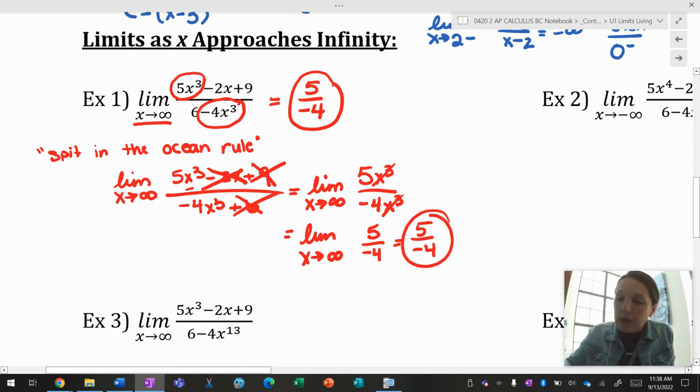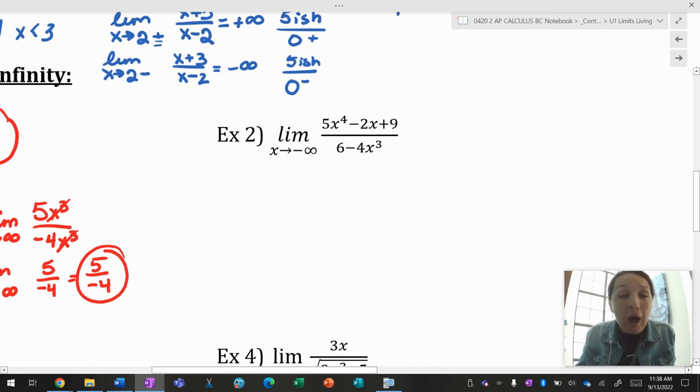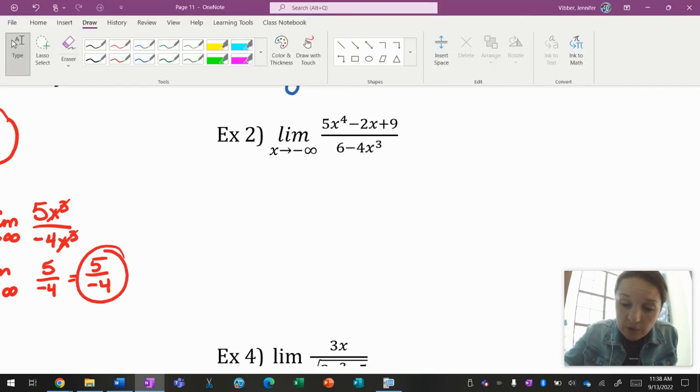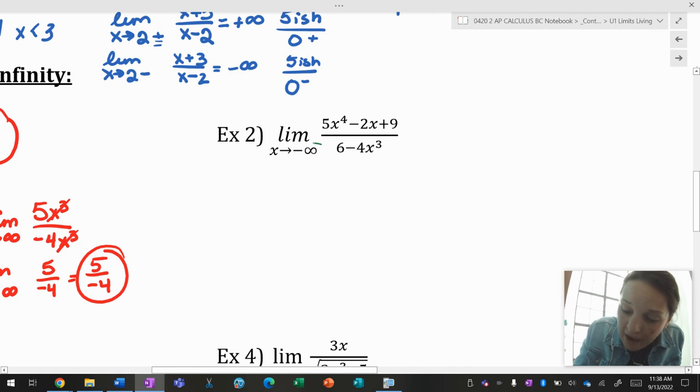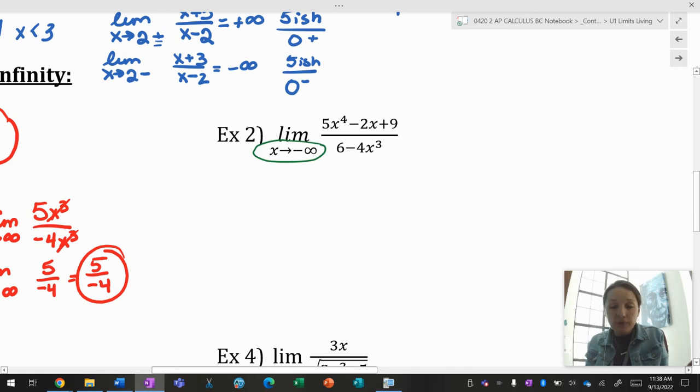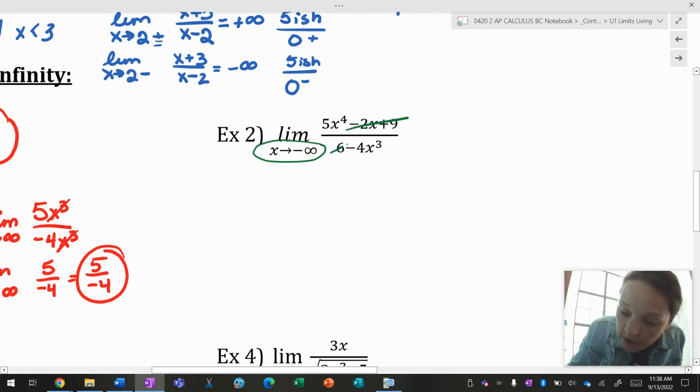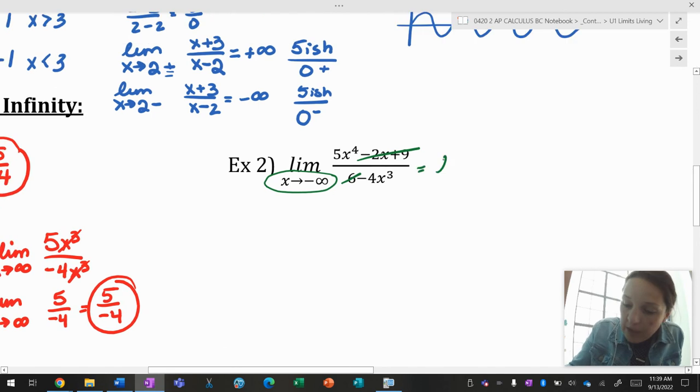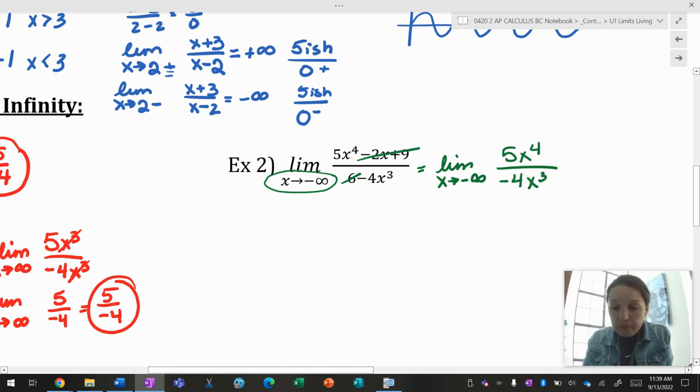Okay. Then when I come over here to number 2, I'm going to do the same thing, but faster. So if x is approaching any kind of infinity, you're just going to isolate the highest powered terms and say this is really the limit as x approaches negative infinity of 5x to the 4th over negative 4x cubed. X cubed and x to the 4th leave an x.